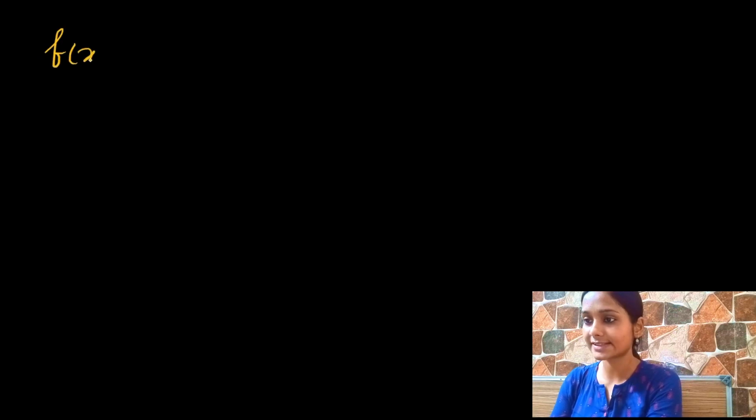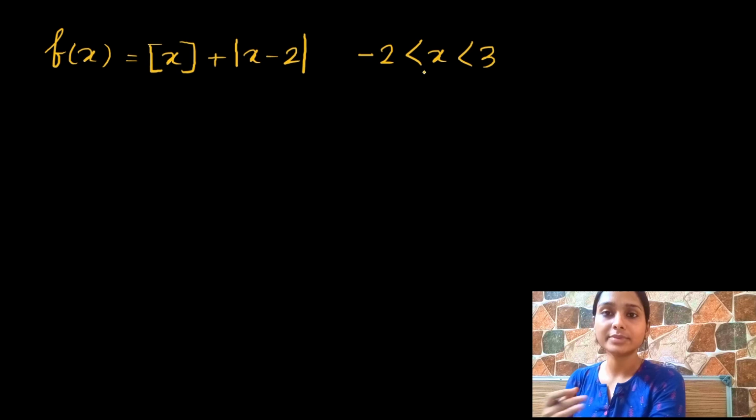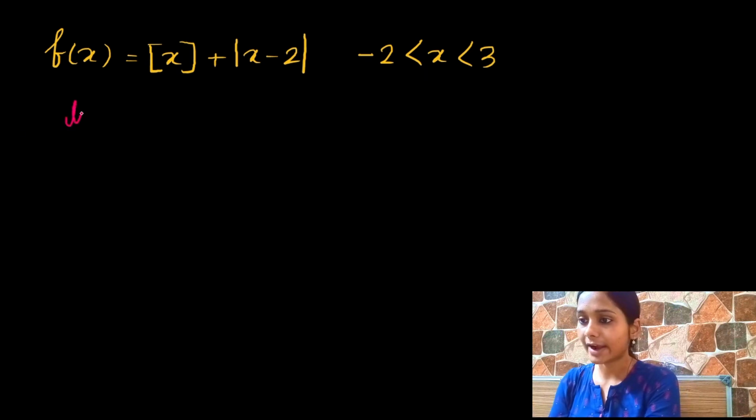So the function has this form: f(x) = [x] + |x - 2| in the interval (-2, 3). Now when we try to solve these types of questions for the boards exam, we need to do it elaborately, like we need to find these limits.